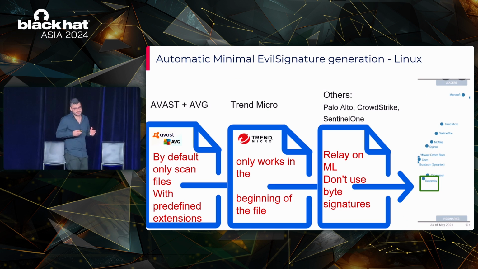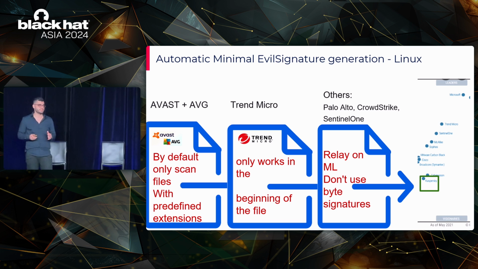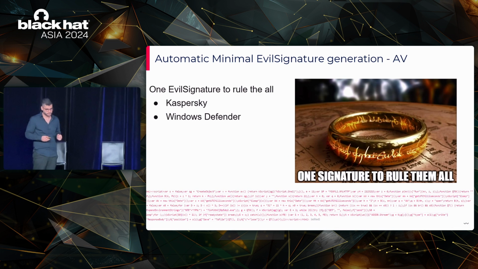So as we explored different EDR solutions, we noticed variation in their behaviors, probably caused by differences in their design. However, our investigation led us to discover that Kaspersky EDR demonstrated the exact behavior that we were searching for. Therefore, in the upcoming Linux example, we focus on targeting servers with Kaspersky EDR installed.